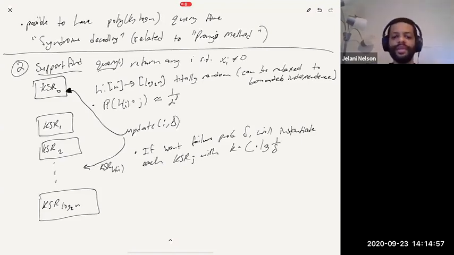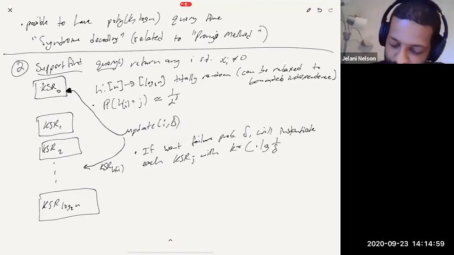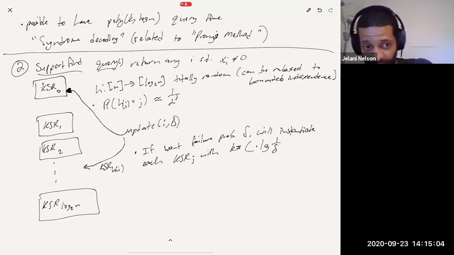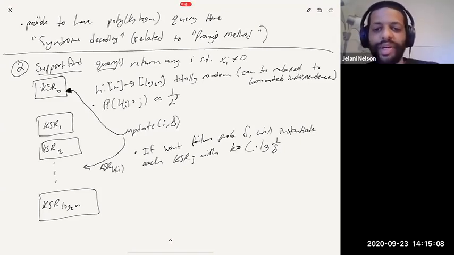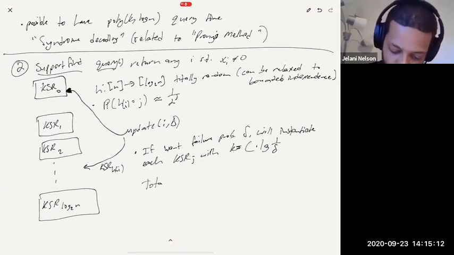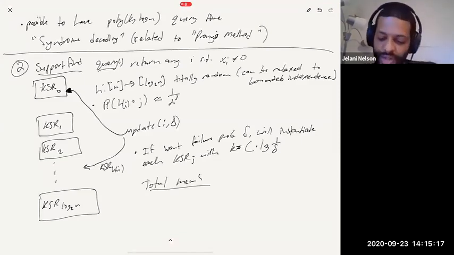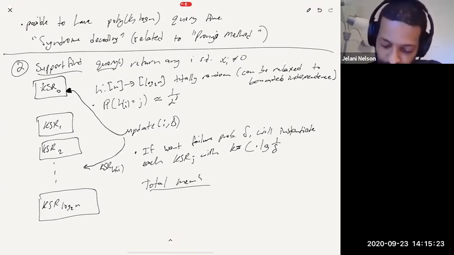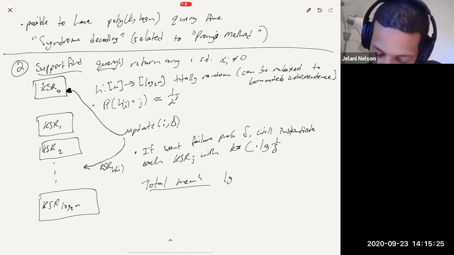So delta will play a role in how I set k. Remember, these KSR data structures are deterministic. They always work, but you have to tell them what k to use. And if you want a bigger k, you spend more memory. So the total memory here: each one of these KSRs uses k log n bits, which is log 1 over delta times log n. And you have log n of them. So the total memory is something like log 1 over delta times log squared n.